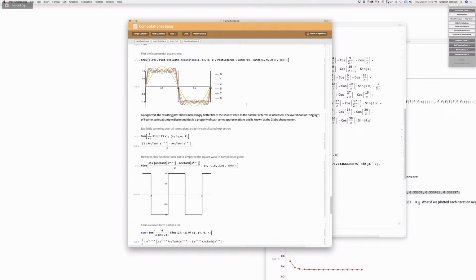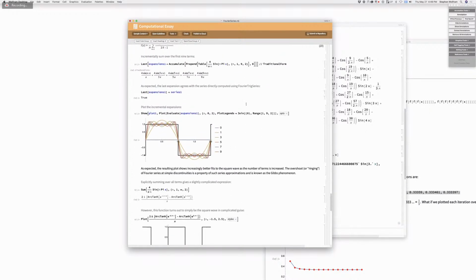Fair point. To me, it's super useful to say, here's where we're going. Here's what I would do. I would say, this is a story of approximating functions by sums of sine functions. Okay? Why do we care?